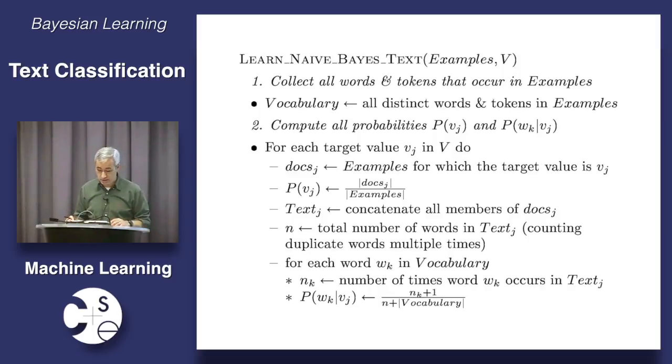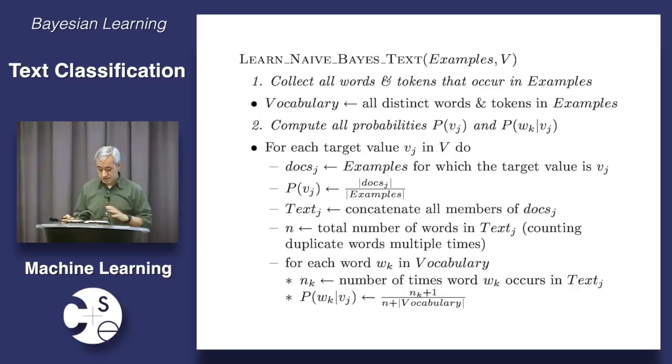That's going to make a big difference to my probabilities. And then for each word in the vocabulary, if nk is the number of times that word occurs in the total concatenated text of that topic, then my estimate of the probability is just going to be nk plus 1 over n plus the size of the vocabulary. So this is just my simplest possible Laplace estimate.